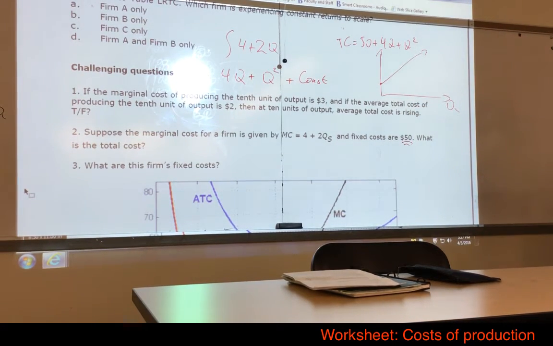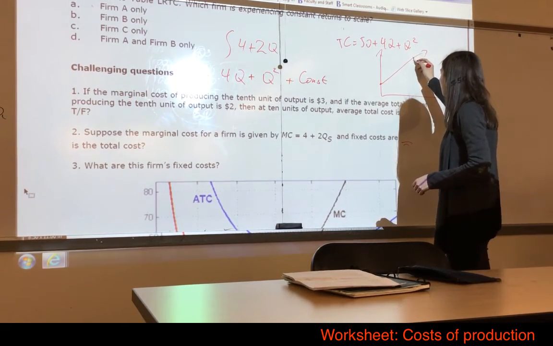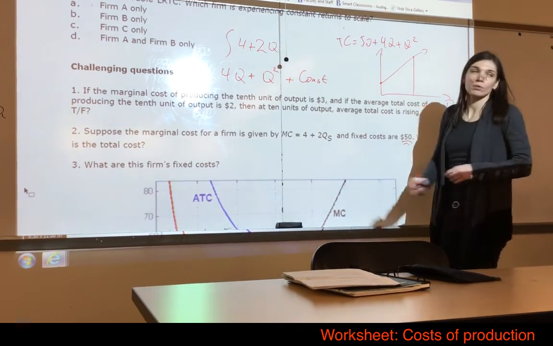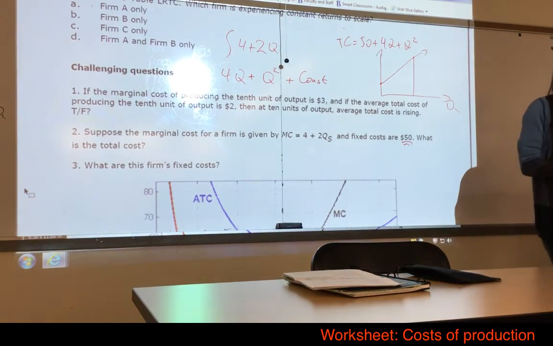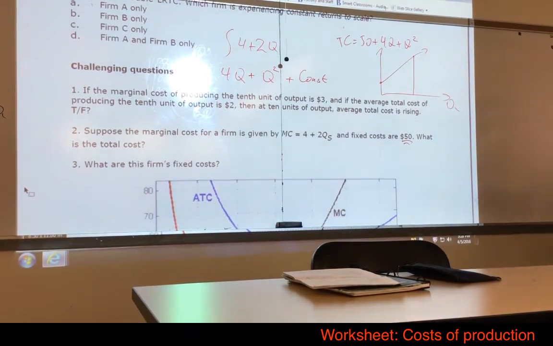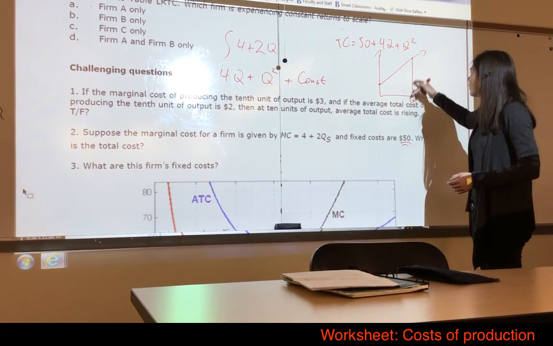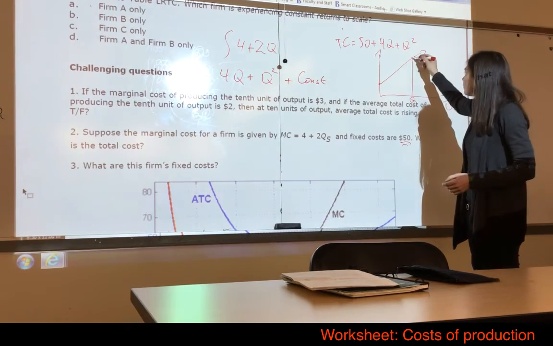I know that total cost is going to be the area below the marginal cost, but above the x-axis, right? That's the idea of integral. So it's going to be here. The area below the marginal cost is going to be my total cost. So I can come up with an equation just by finding that area. Right? So let's say here I have q, then what am I going to have here?